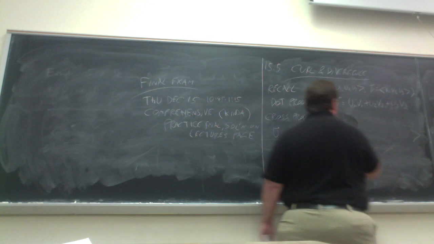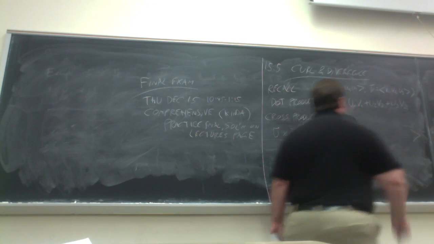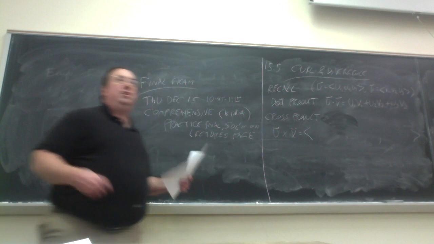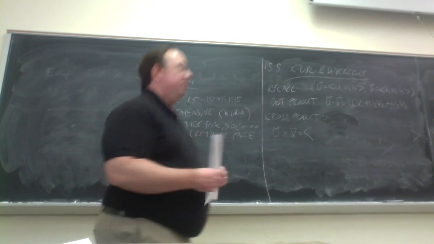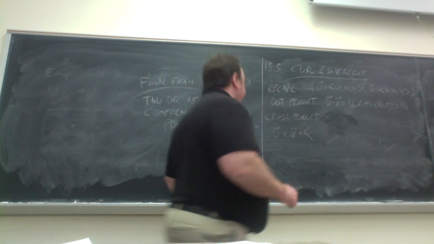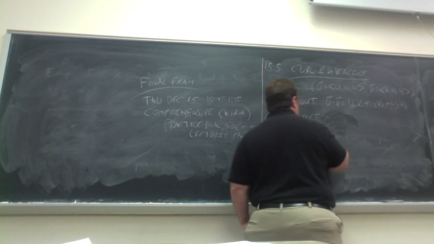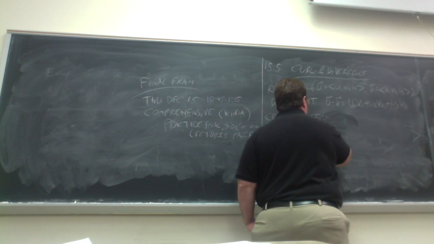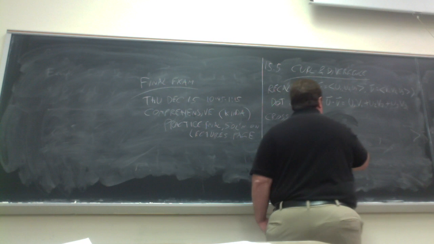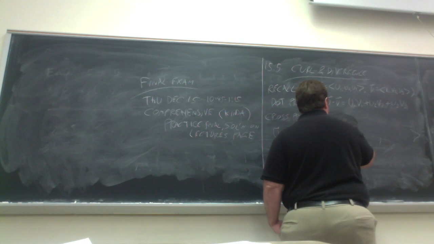And for three-dimensional vectors, if you have two-dimensional vectors, what you would do is you would add on the z component of 0 and then do the cross product from there. So what we get is u2v3 minus v2u3.